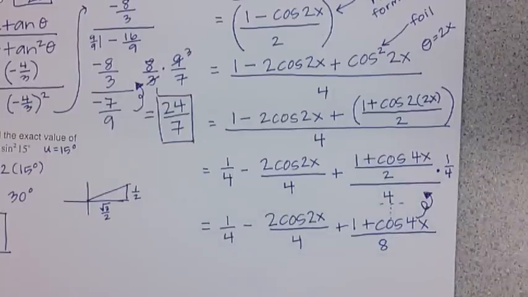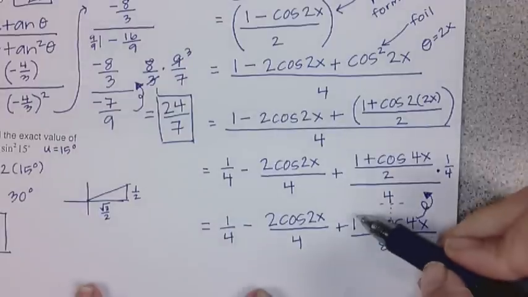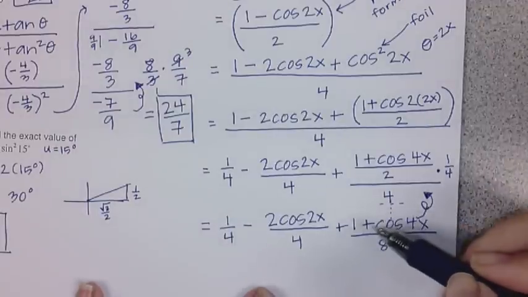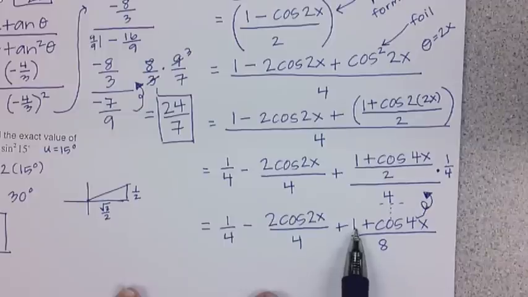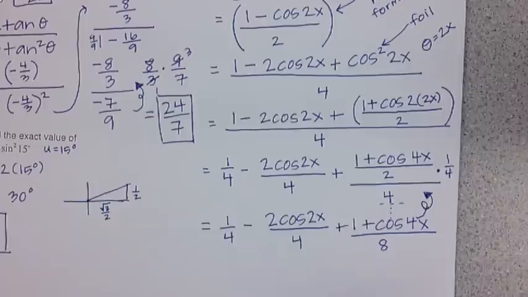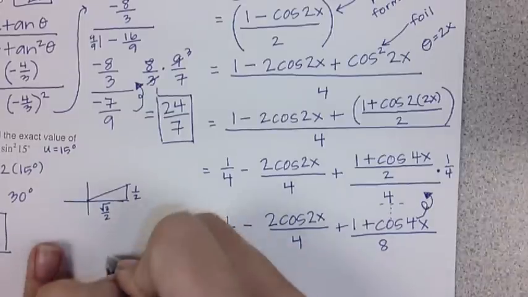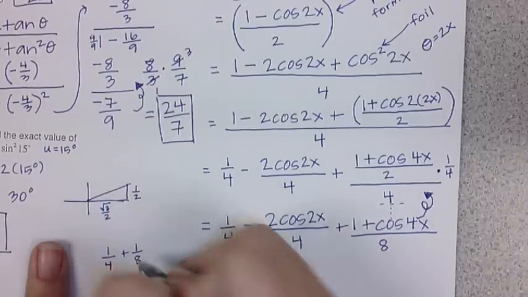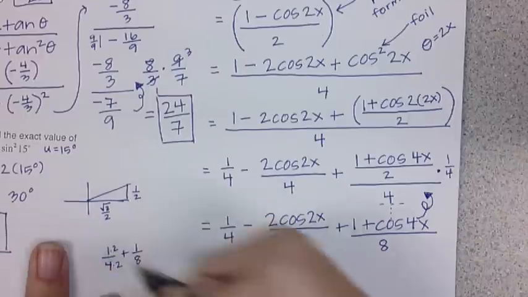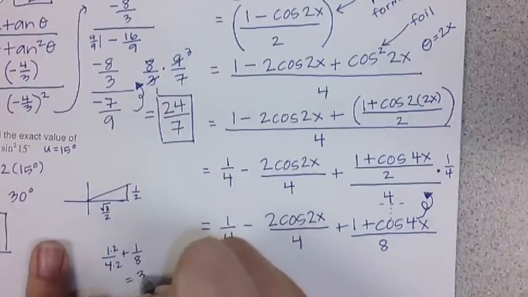And the last step here is that we have a 1/8 in here, so I'm going to separate this fraction because when I do, I can add this 1/8 and this 1/4 together. So I'm just going to do the math for that right over here. 1/4 plus 1/8. This needs to be multiplied by 2, so that would be 3/8.